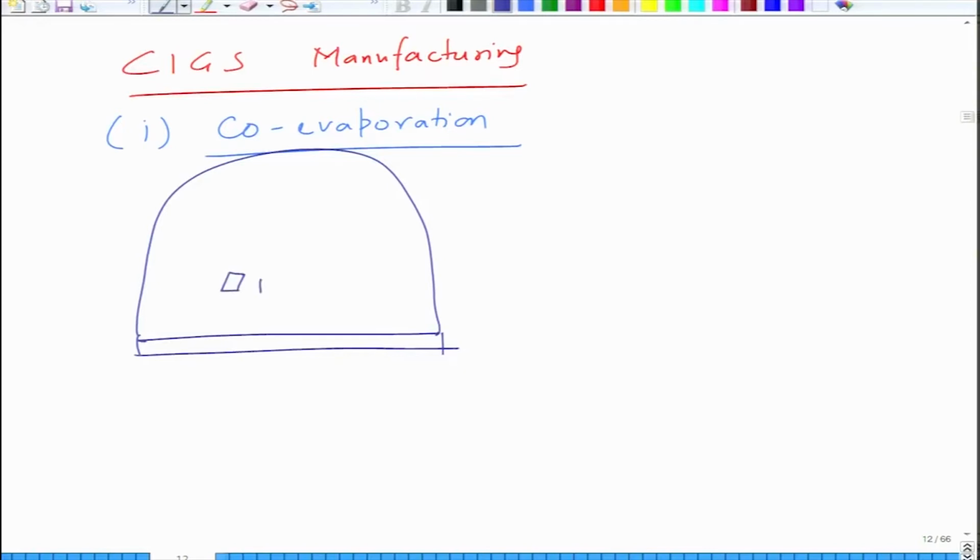So one source, second source, third source and fourth source. They may be concentric sources basically. So one source will be here, another source will be here, another here, and one source here. They are all pointing towards the substrate. So these are 4 evaporation sources.